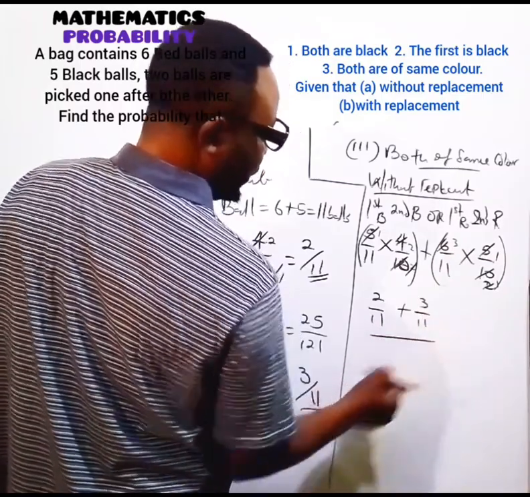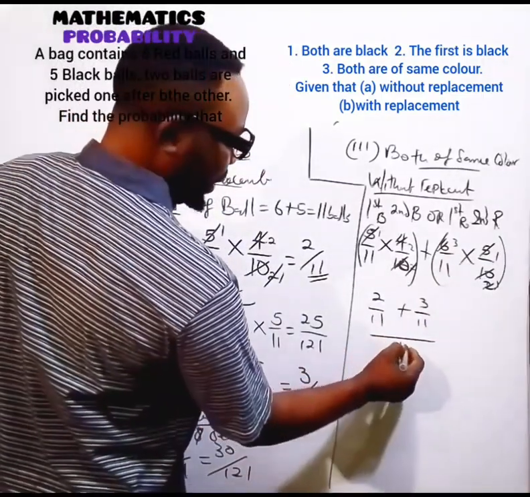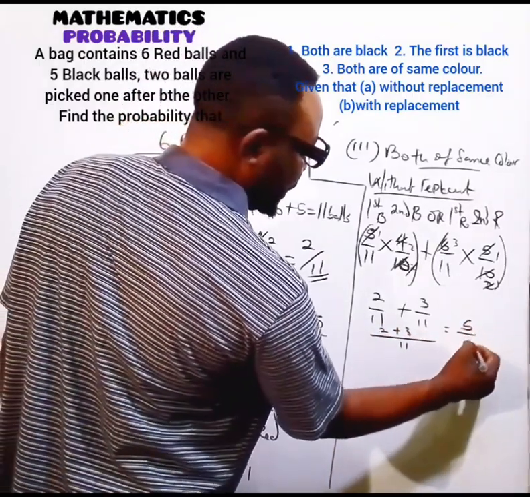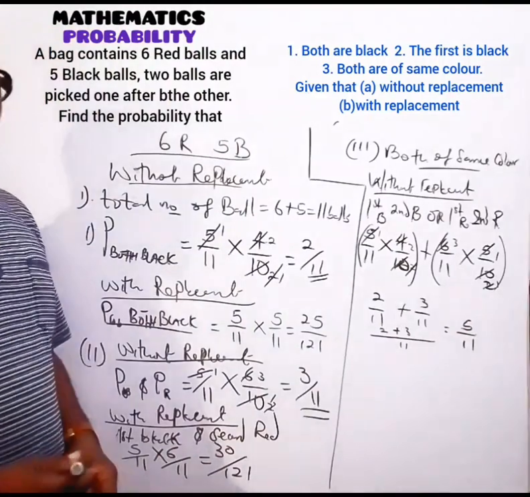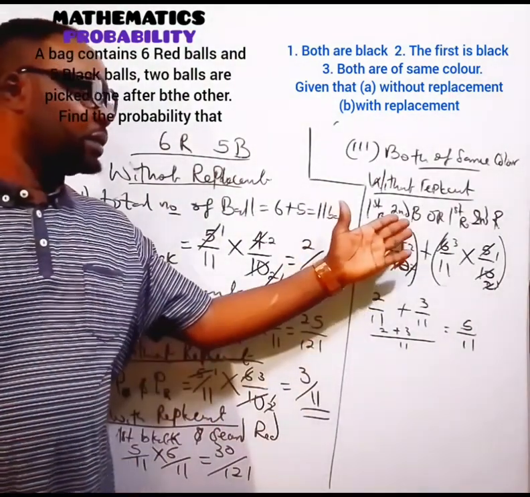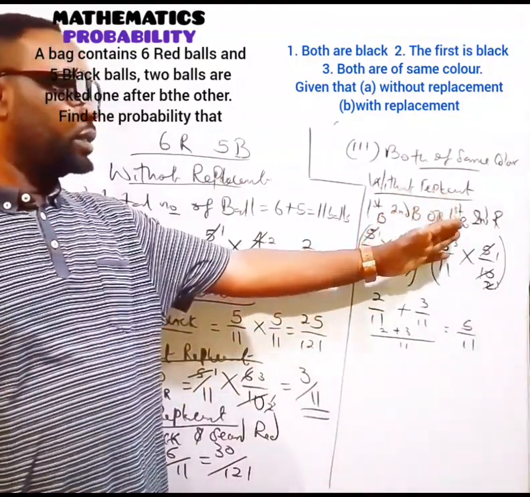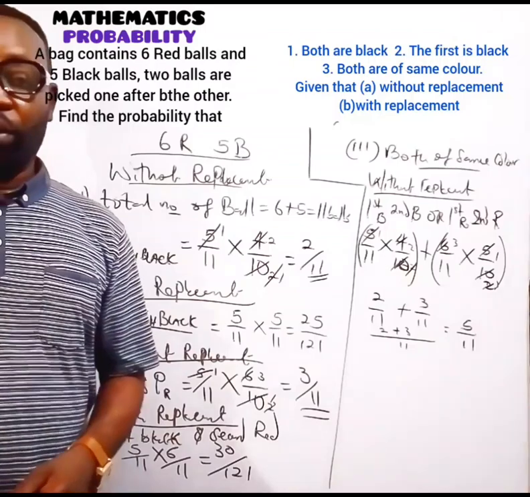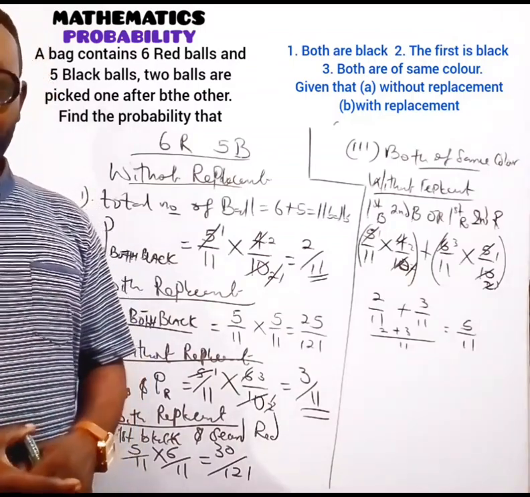We find the LCM, 11, that's 2 plus 3 over 11, that's 5 over 11. That is without replacement. That is when both balls picked are of the same color.